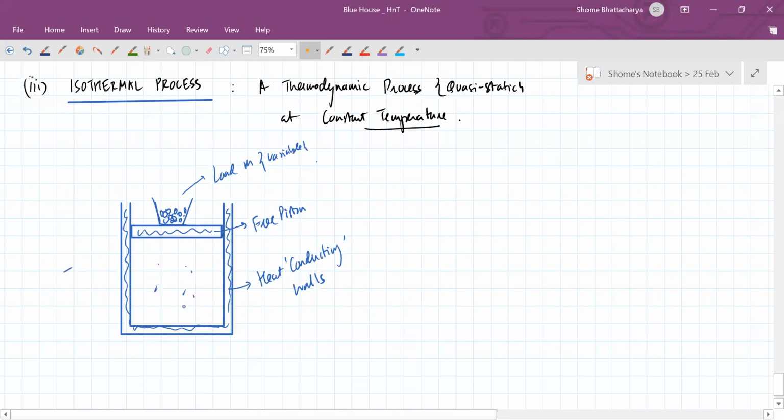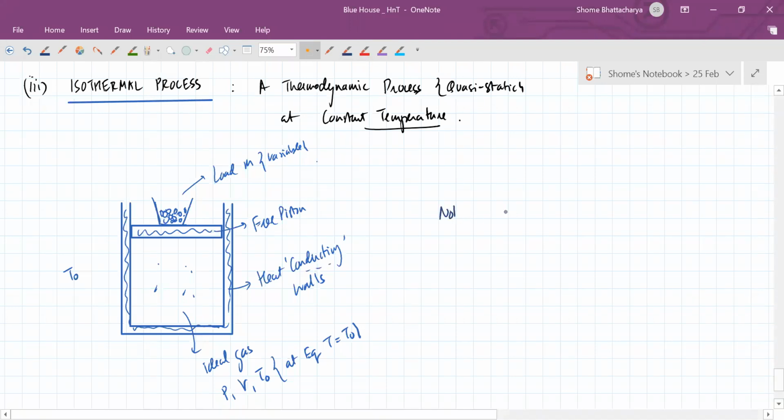So whatever is the temperature outside, the gaseous temperature inside will remain fixed because the walls are conducting.